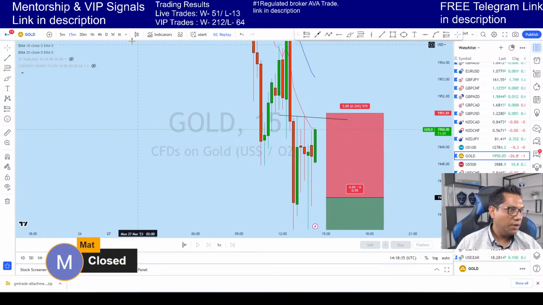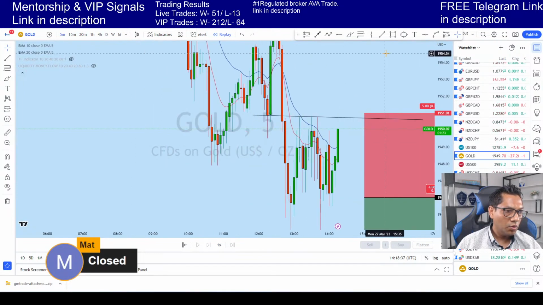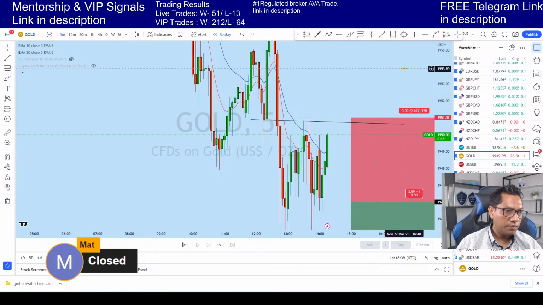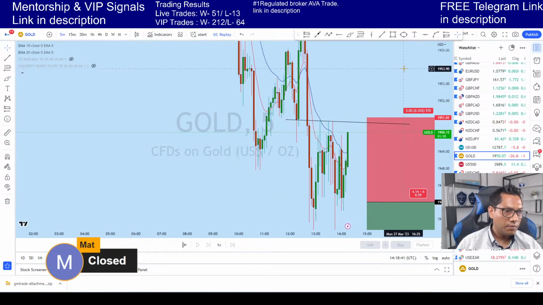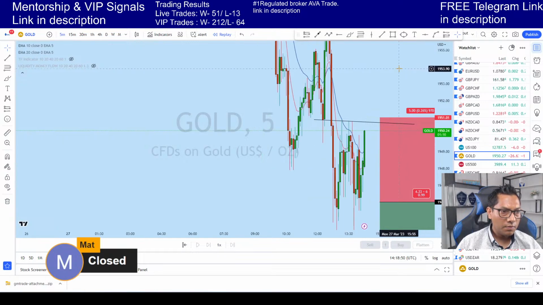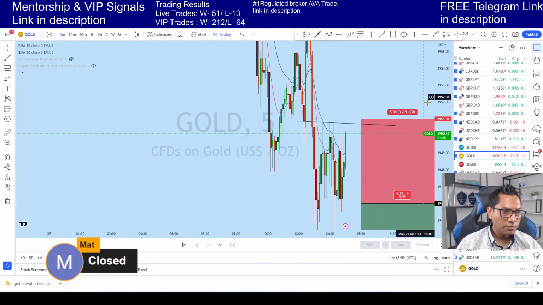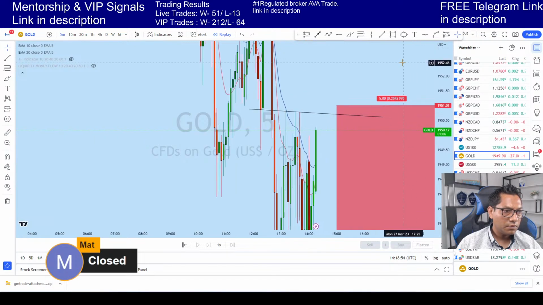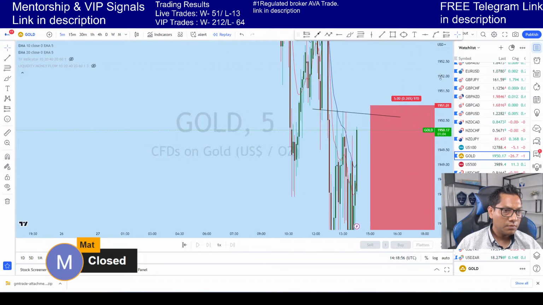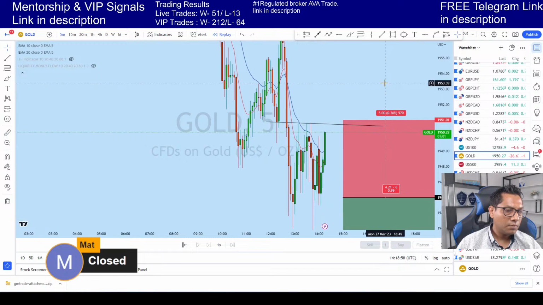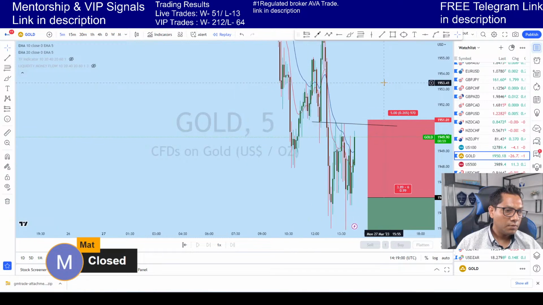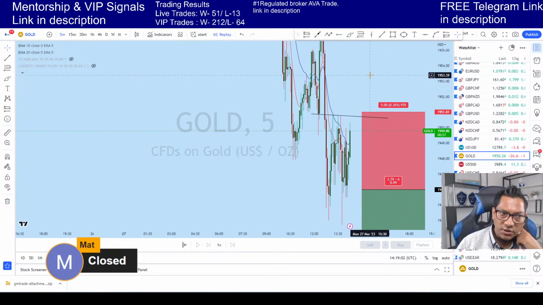This one might be moving. Very interesting price action has just formed.